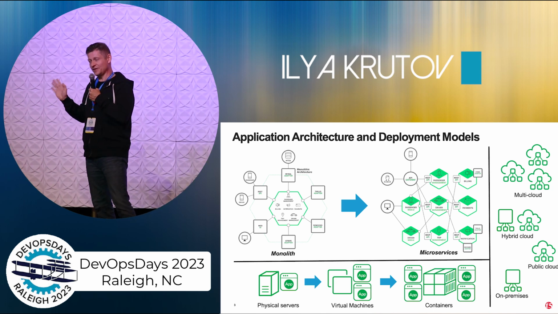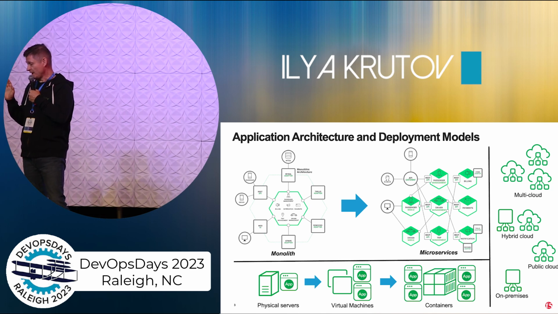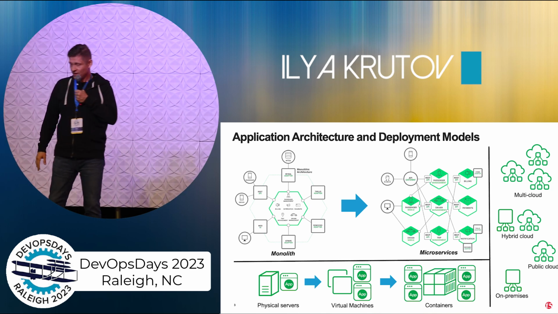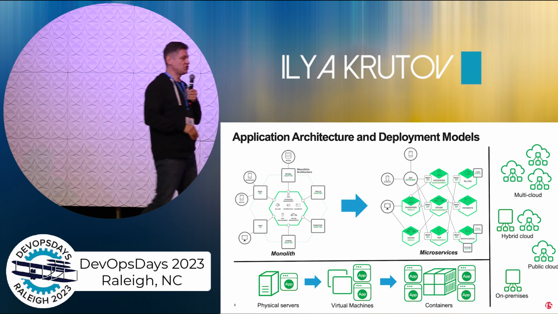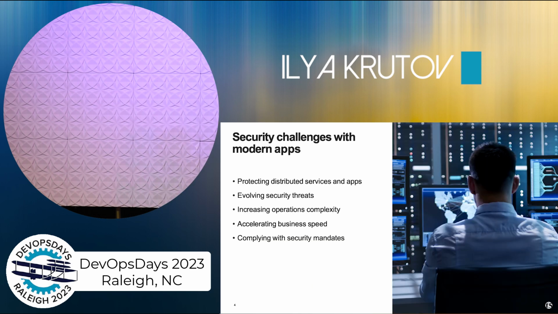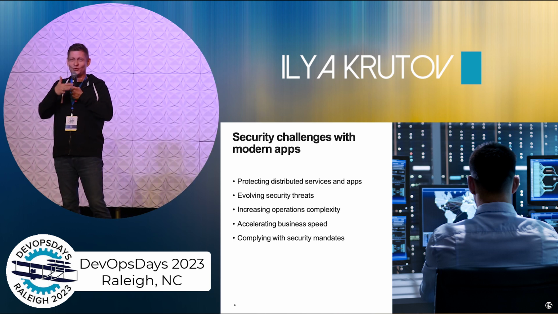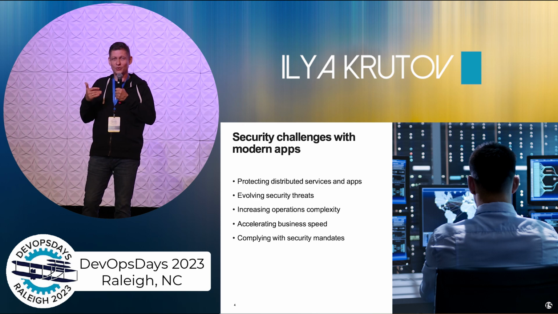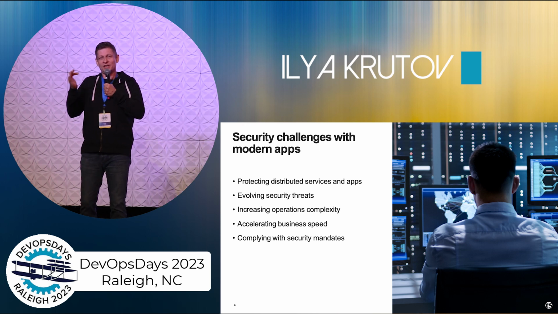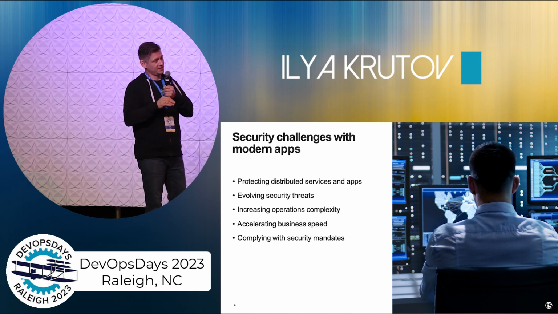With that, all these environments create additional issues and challenges in terms of how to secure them. In the past, we had sort of a castle, and something outside the castle is not trusted, but as soon as you get inside the castle, we're good.